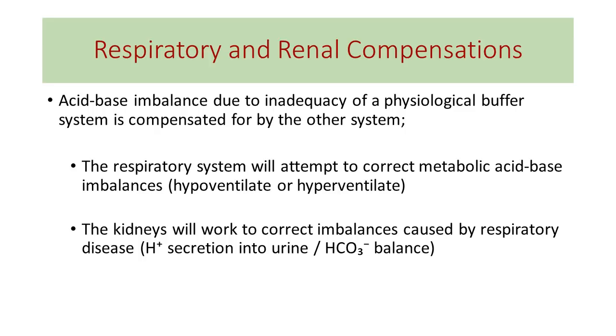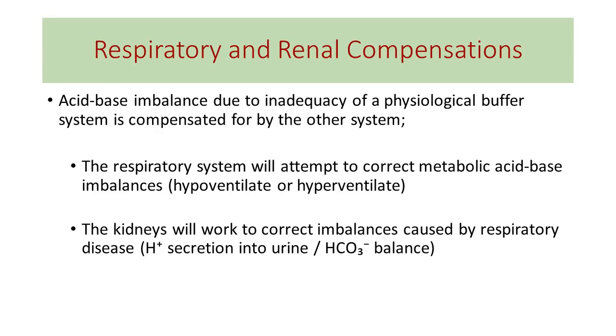It's important to understand that the two systems, the respiratory system and the urinary system, the kidneys, will attempt to compensate for each other's problems if one is creating an acidosis or an alkalosis state in the body. For example, the respiratory system will attempt to correct metabolic acid-base imbalances by causing you to hyperventilate or to hypoventilate.